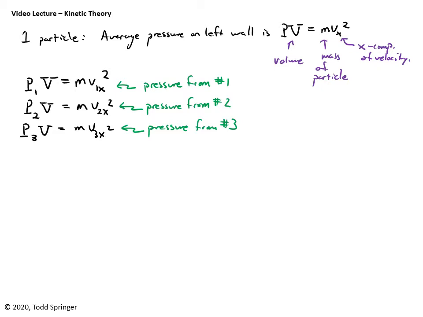What if I want to know the total pressure? Just add them all up, right? So I would have P total times V, and I'm just going to call it P, because that'll be the total pressure. So P times V will be equal to m times v1x squared plus v2x squared plus v3x squared.